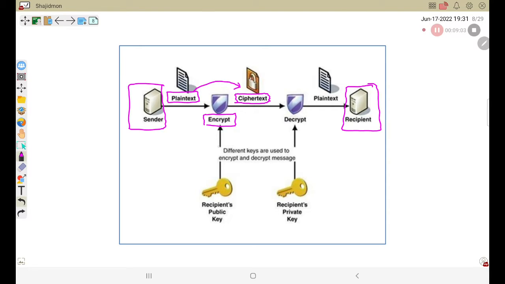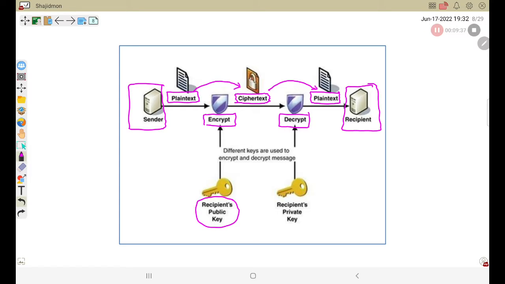In encryption we are using a key, a public key. Using that key we are changing into cipher text. Now cipher text to plain text, that we are calling decryption. Anybody having that key can return the original message. So the recipient gets the original message after decryption. This is the process in cryptography.